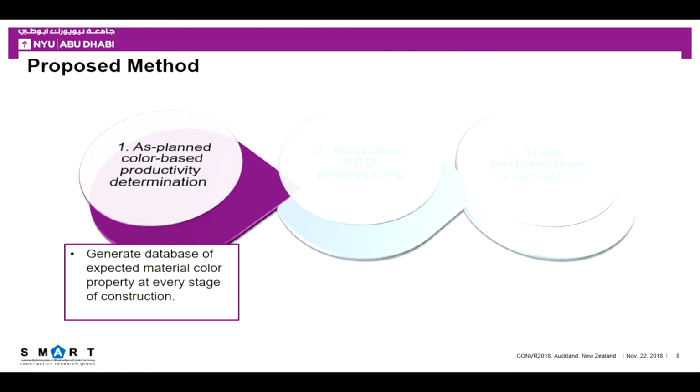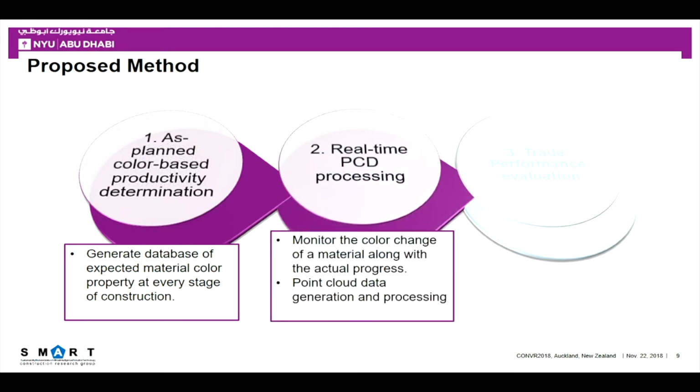It's going to be a stage-wise expectation of color that can be acquired from the manufacturer of the material, or done on-site within a controlled environment. Once we get this data, we input it on a BIM model, and that helps us monitor it. However, after construction starts, we need to generate more data and compare it with what we generated initially.